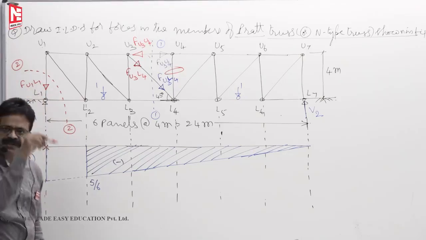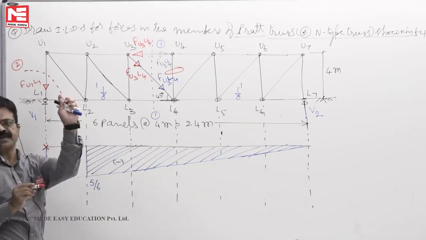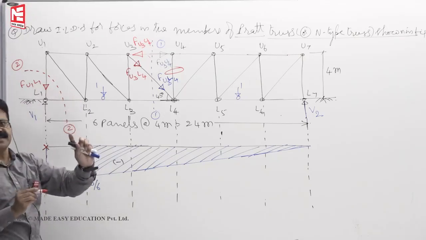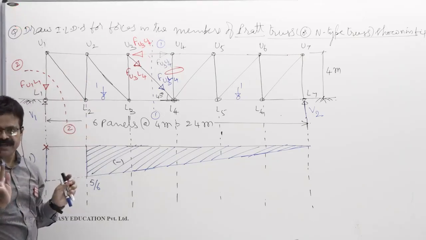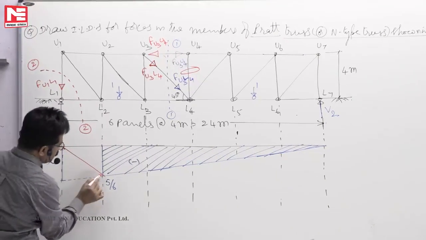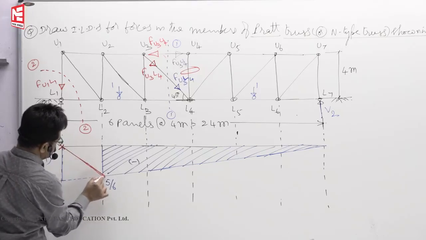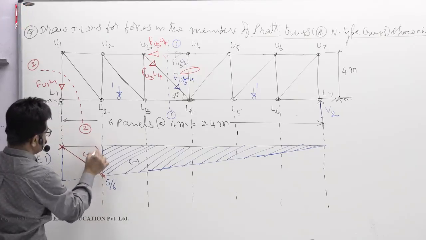Then who will take that one? Entire load is directly transferred to the support and V1 is 1. So they balance each other. U1, L1 simply keeps quiet. So it will be 0. That means you have to connect it as a straight line like this. Minus.